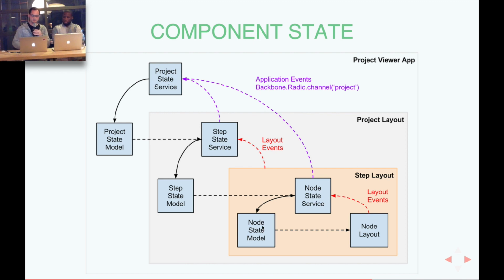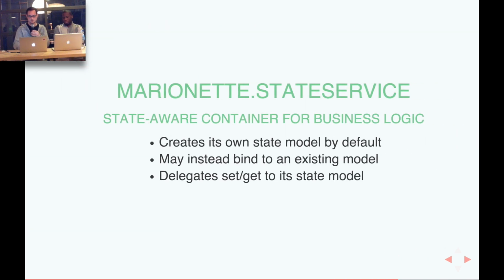I'll give you an example of that in a second. Hopefully this will come together for you. But I hope you can see that really, you just replace this component view box with another state service driven component, and you can keep going forever, theoretically, with each level only taking care of its own concerns.